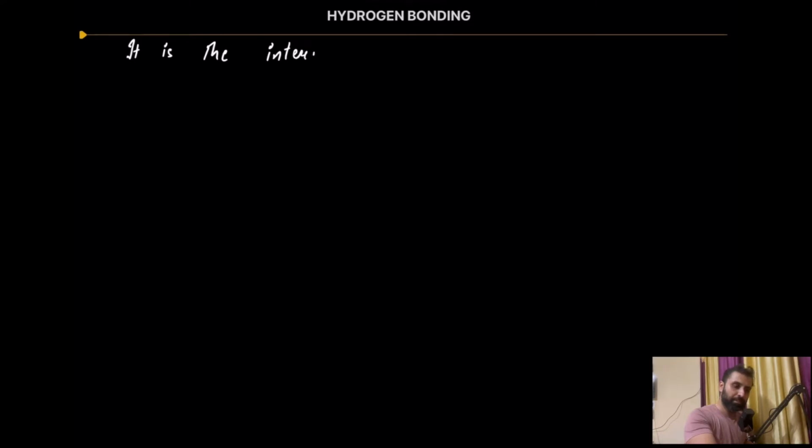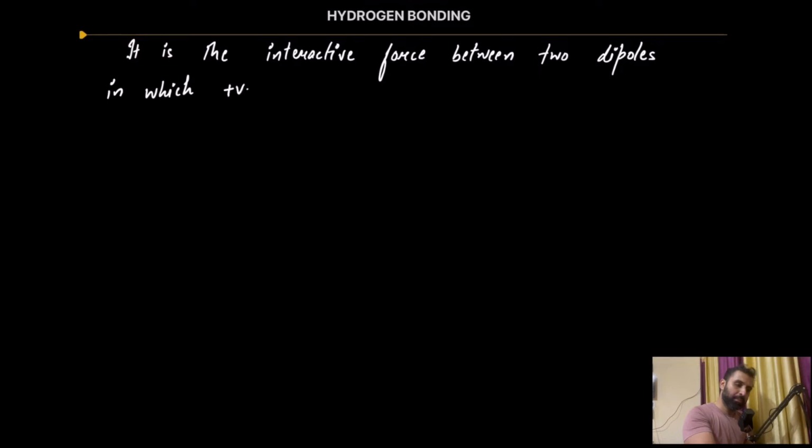So what is hydrogen bond? Let us start. It is the interactive force between two polar bonds, or we can say dipoles, in which positive pole is hydrogen and negative pole is nitrogen or oxygen or fluorine.